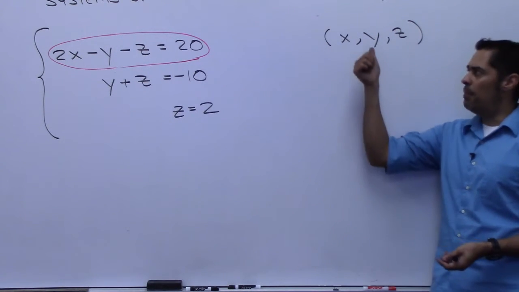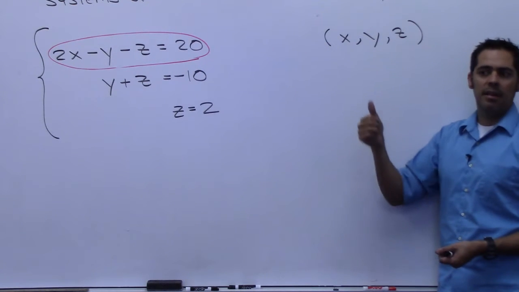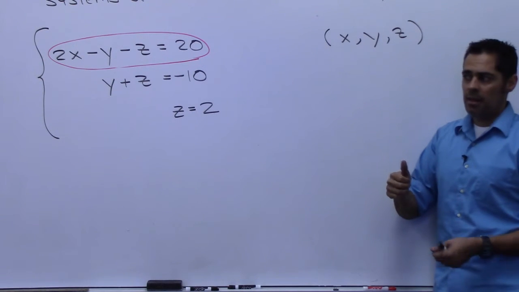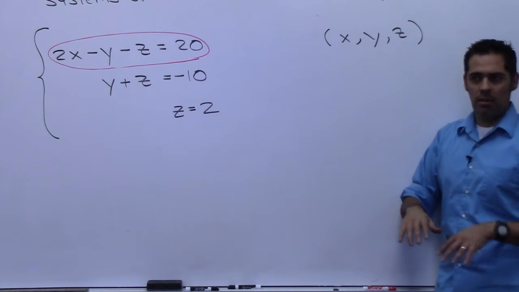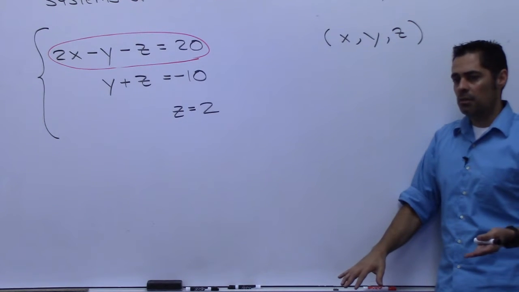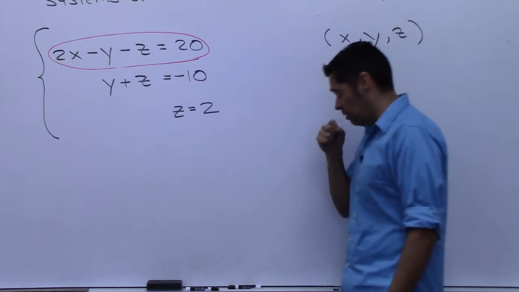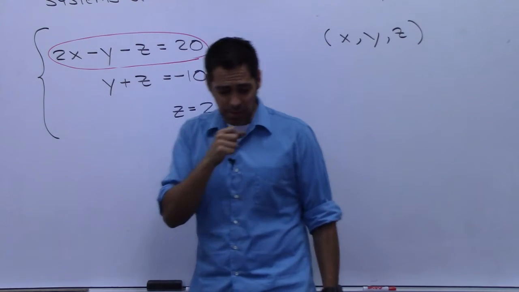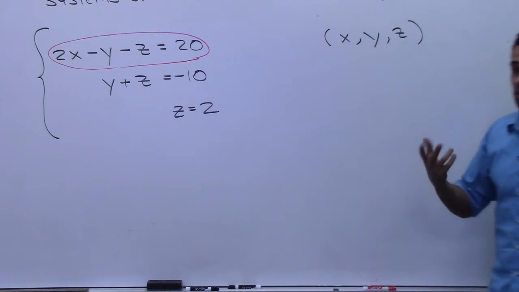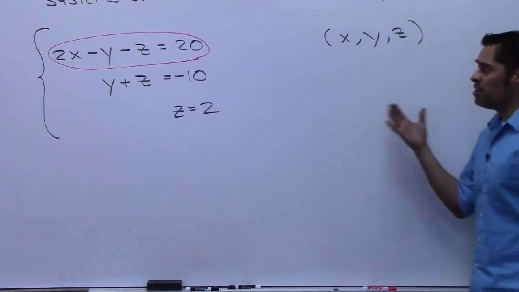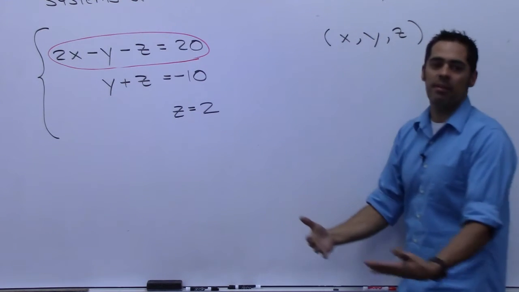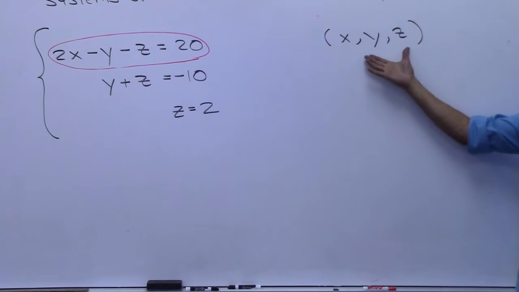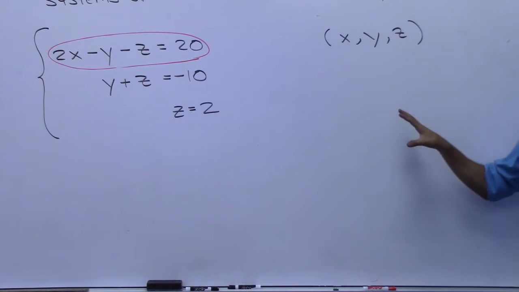They can hit at a point, they can hit at a line, they can hit everywhere, or they can not hit at all. If there's no answer, it's called inconsistent. We're most interested in the problems where we have a single point as a solution. That's the geometry of what's happening.